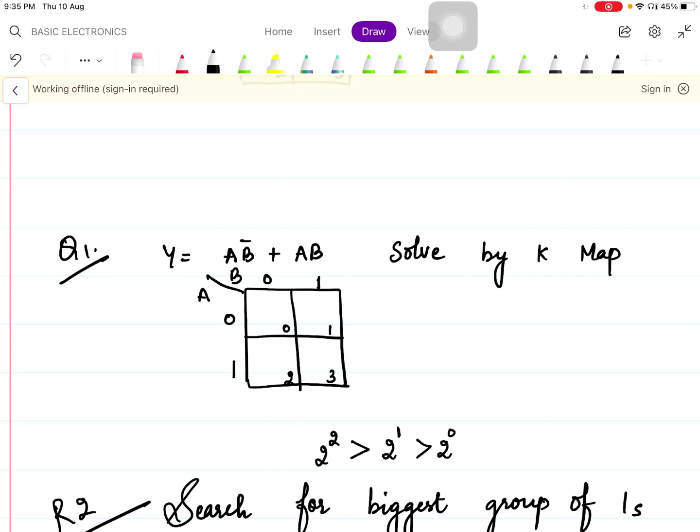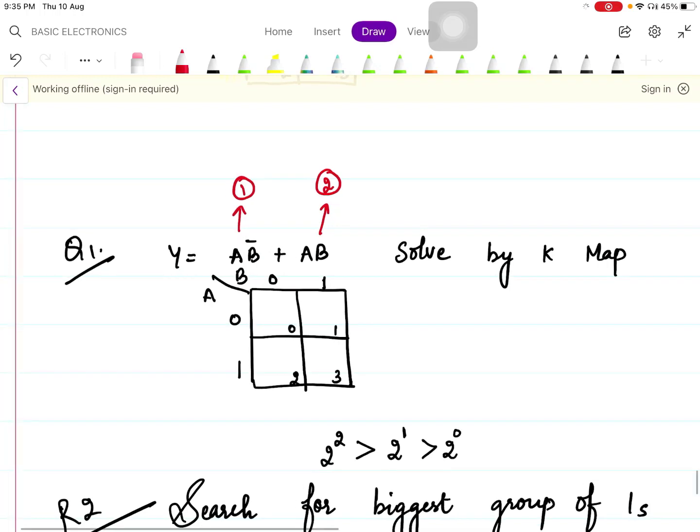Now, let us fill. As we all can see, there are two terms in this expression. This is the first term and this is the second term. This is basically a sum of products expression. The first term is A B bar. Let us see where A B bar will fall. A means that it is in true form, which is 1. So this part is basically A, and B bar means this one.